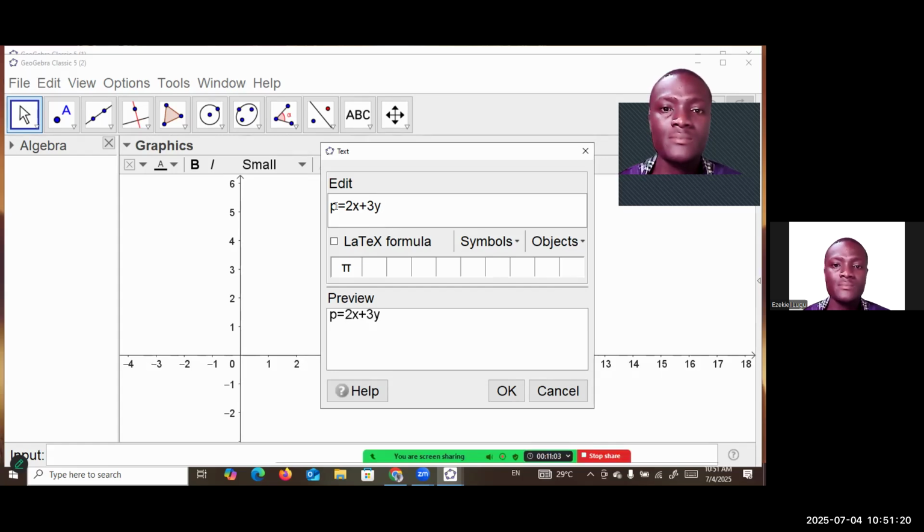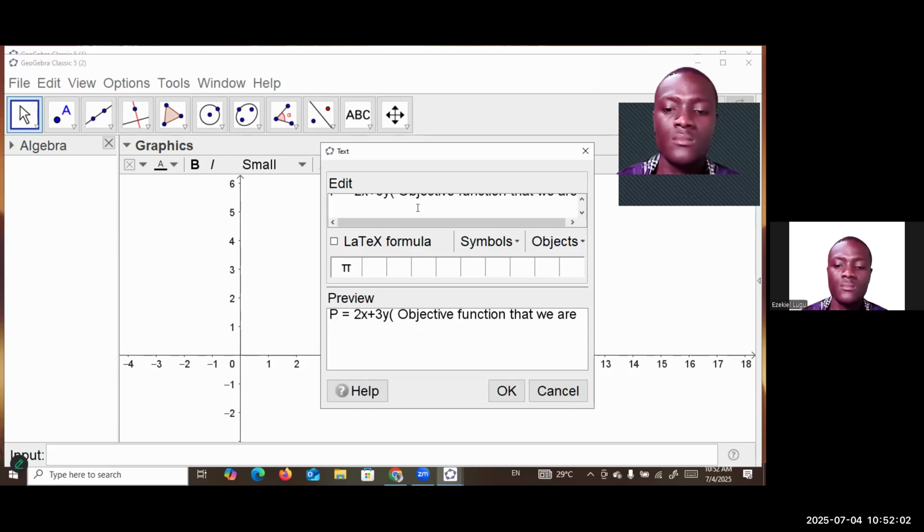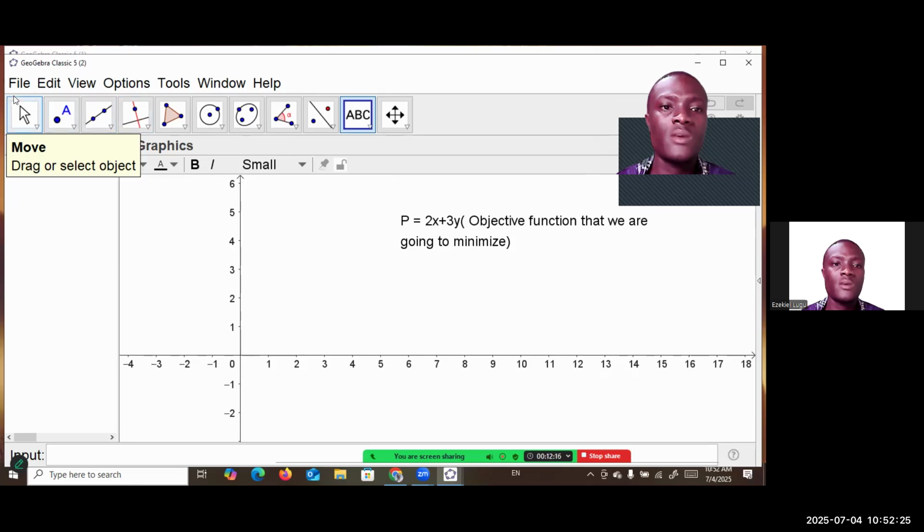So this is the objective function that we are going to minimize.